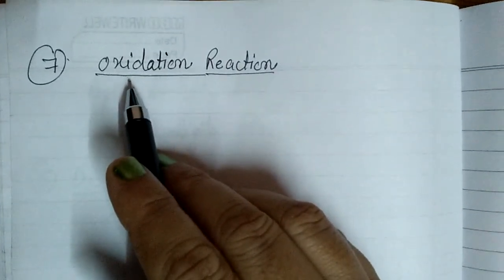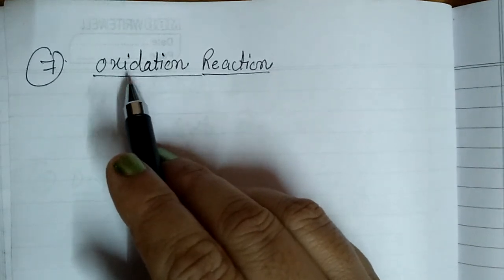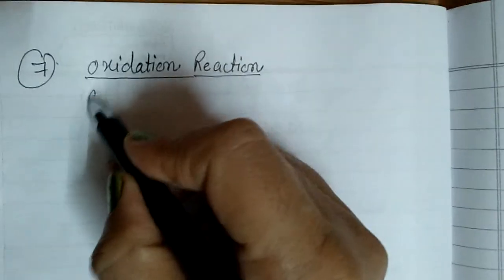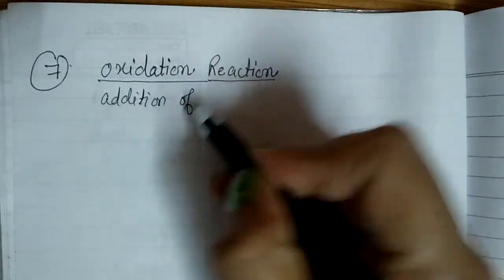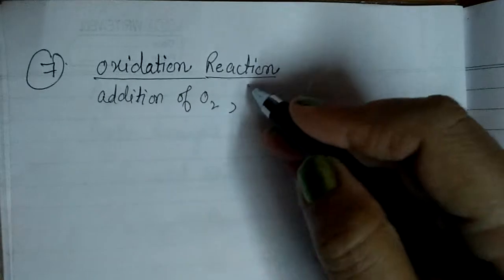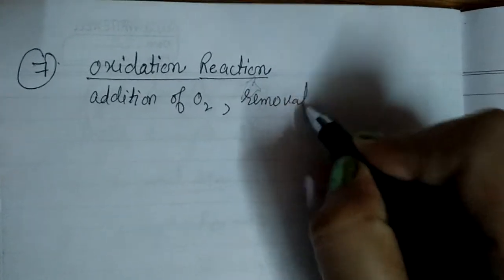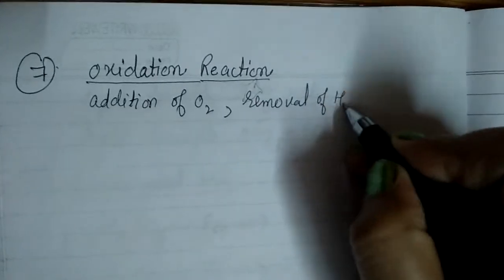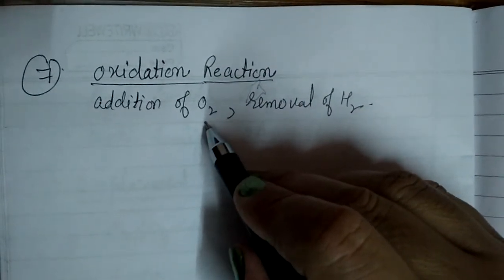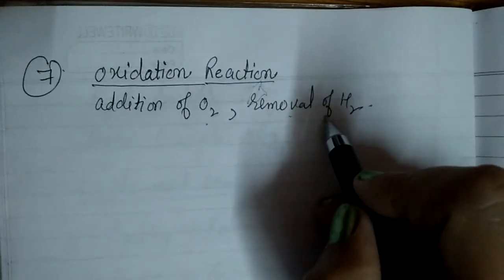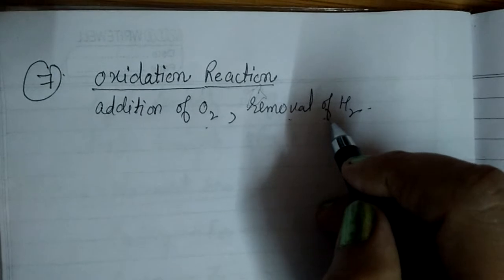This oxidation reaction is a type of reaction which involves either the addition of oxygen or the removal of hydrogen. If there is addition of oxygen, we say that it is an oxidation reaction. If there is removal of hydrogen, then again we say that it is an oxidation reaction.